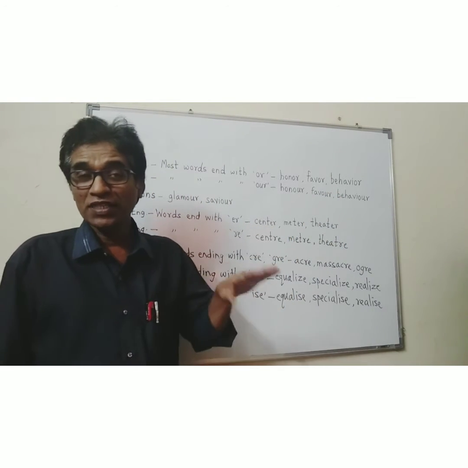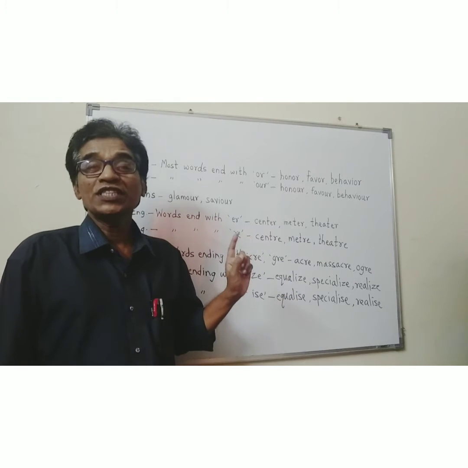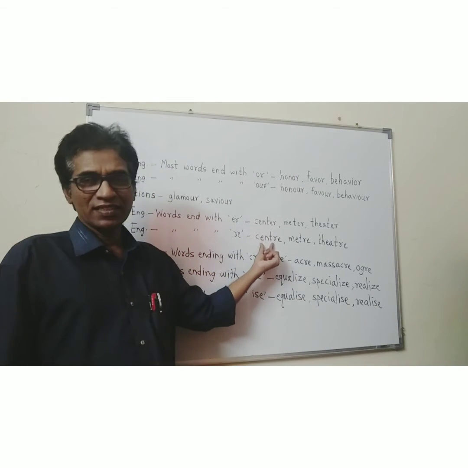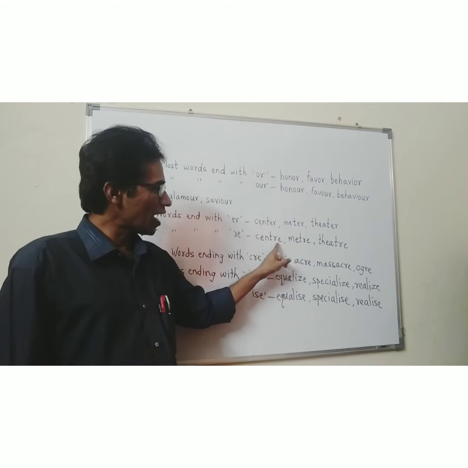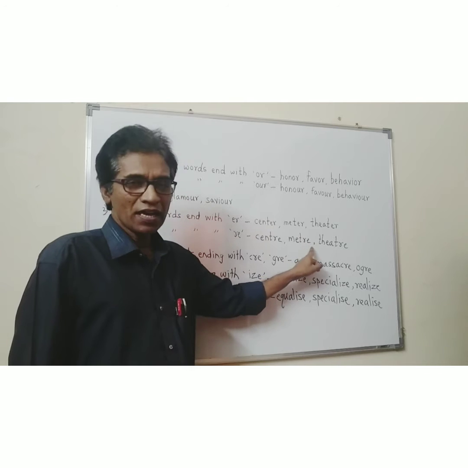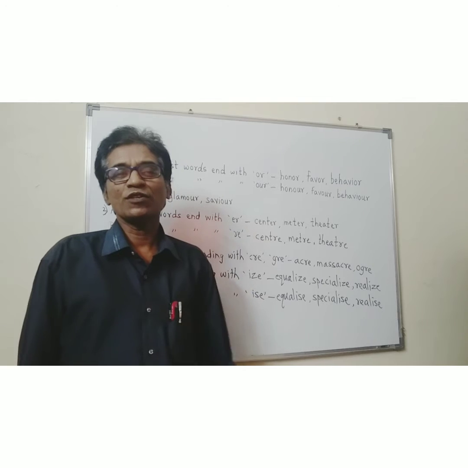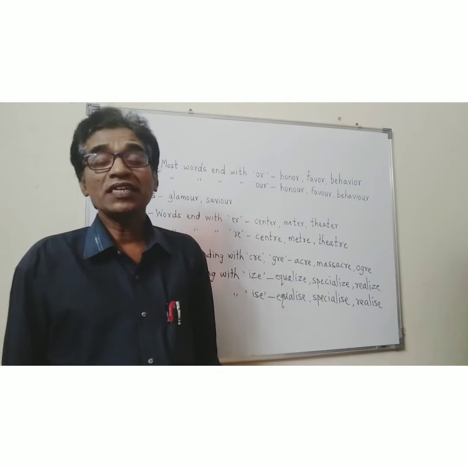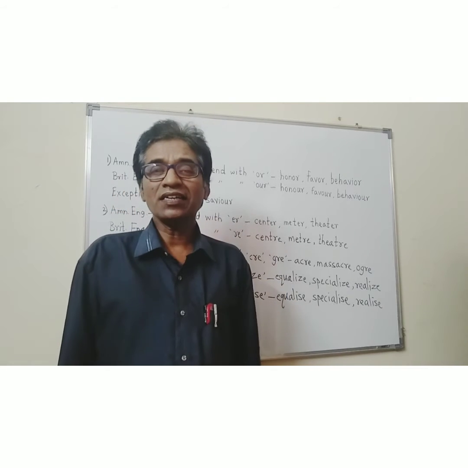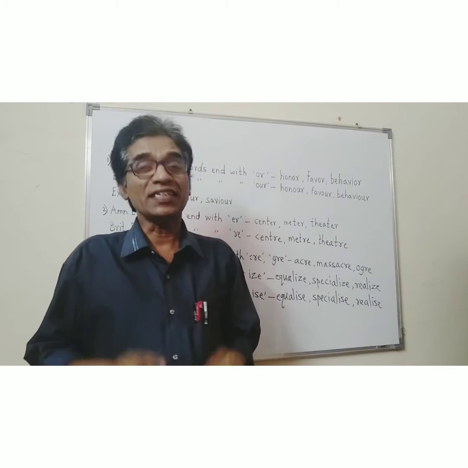But in British English, these same words end with RE, like centre, metre, theatre. So in American English, words end with ER, and in British English, words end with RE.